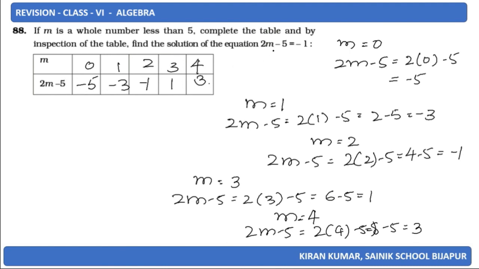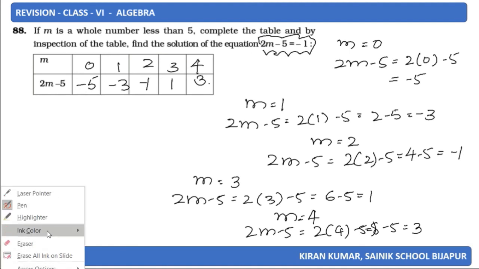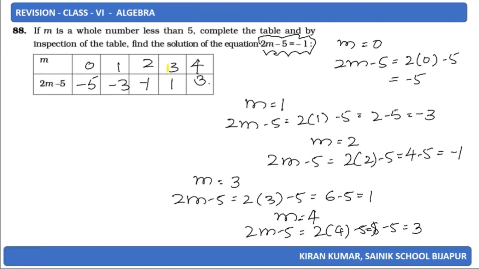Now we need to find the solution of the equation. When do we get 2m minus 5 as negative 1? You observe the table. Here 2m minus 5 is negative 1 for the value m equal to 2.